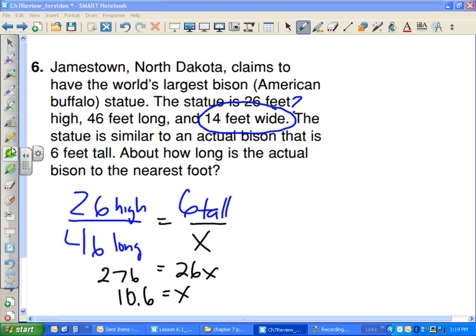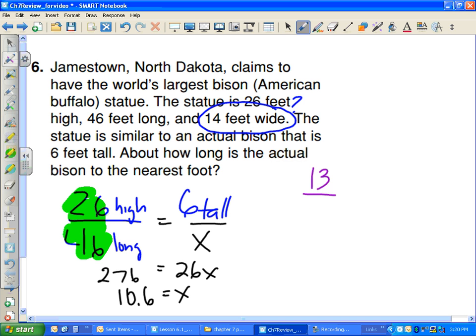So let me reduce these right here. Reduce these by what? Does 4 work? No, 4 wouldn't work. Let's just start with 2, to be safe. Dividing by 2, I get 13 over 23 equals 6 over x.